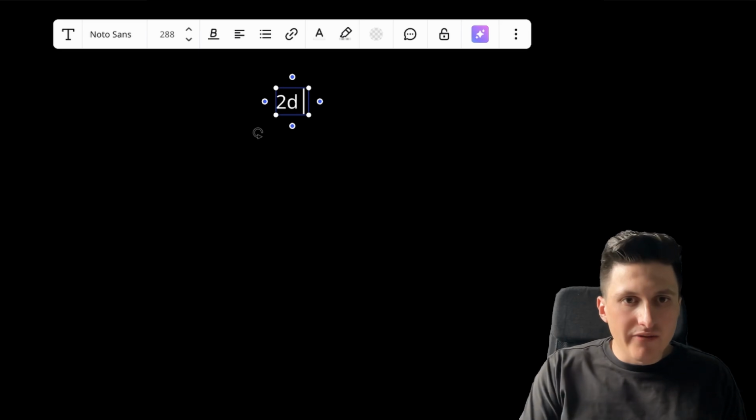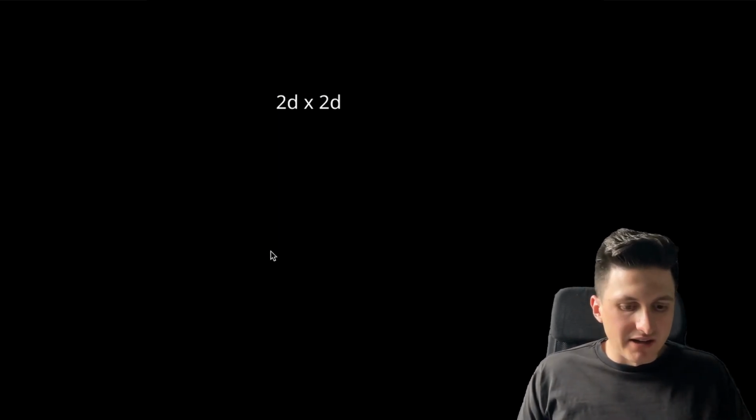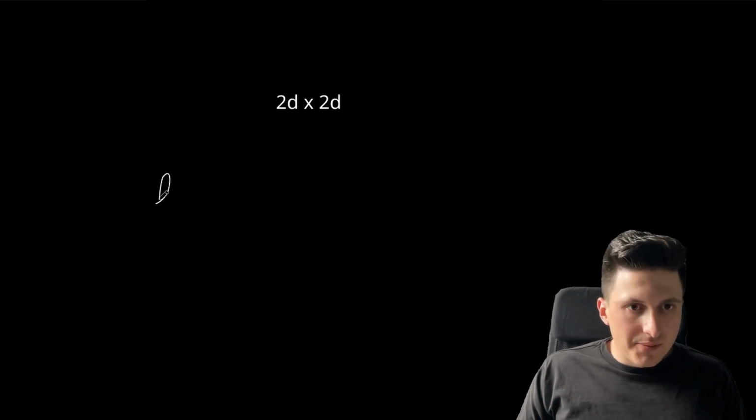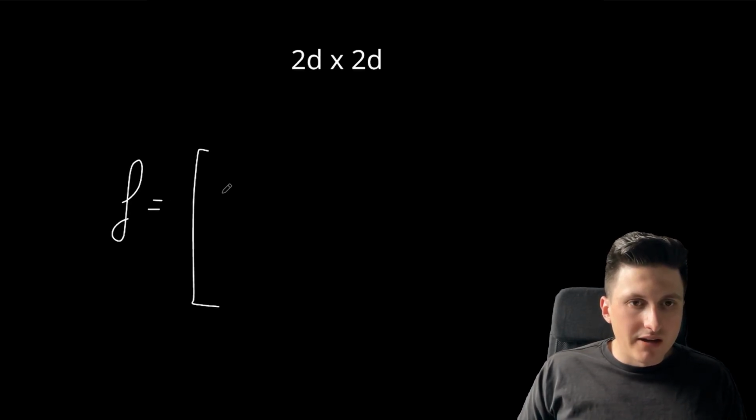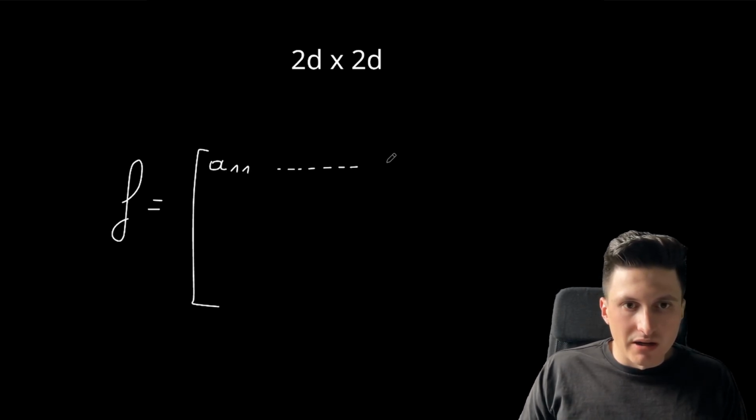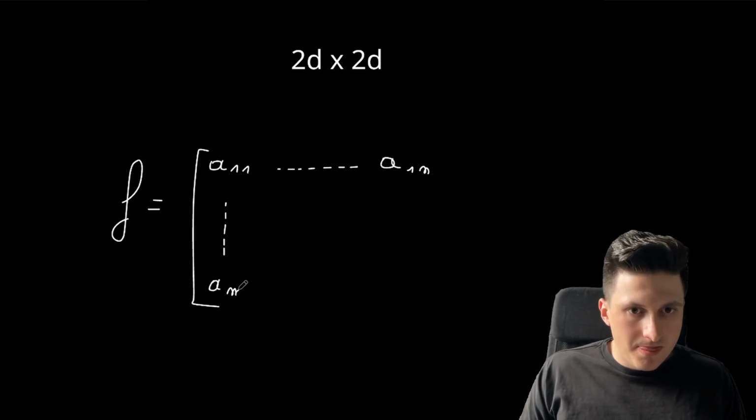Okay, we have arrived at the 2D times 2D case, and this is probably the most complex one. So what's happening is we have a 2D tensor A, which goes from A11 to A1m, and we also have m rows, and the last element here is Amn.